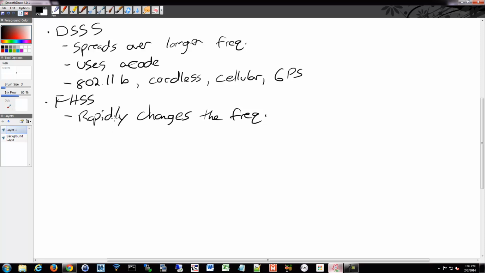The receiving node will have to know what channel to listen on, so that's kind of the downside there. And this is used by things like walkie-talkies, 900 megahertz phones. Bluetooth does this.